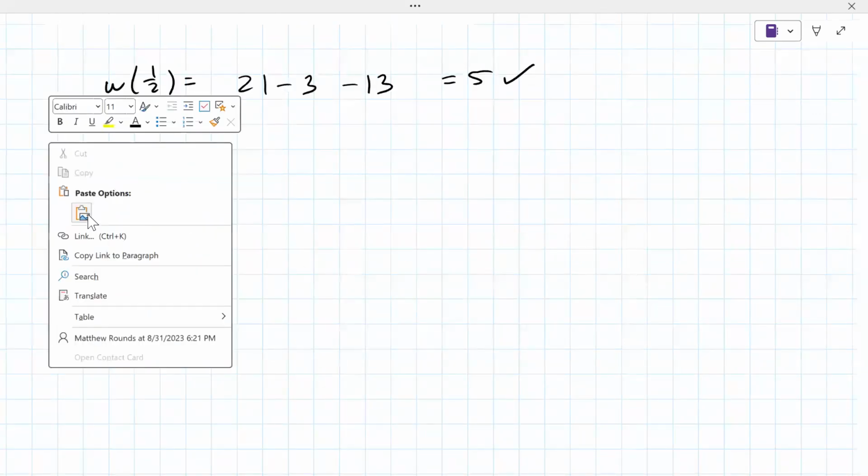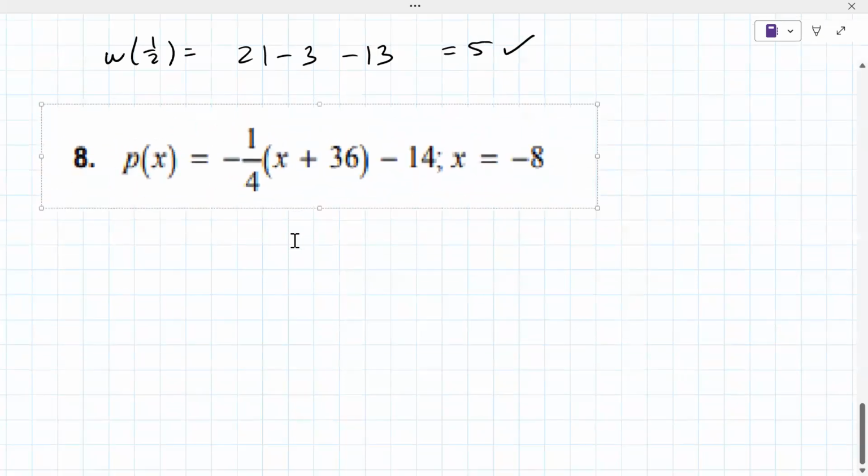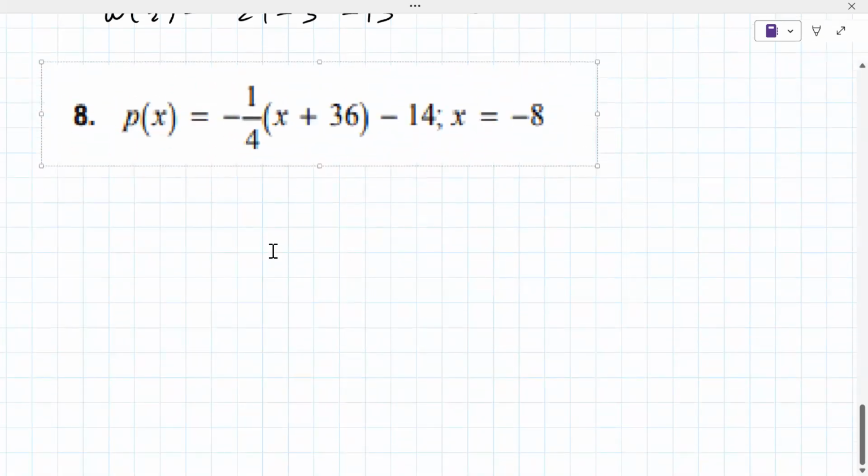8, -8. 1/4 times -8 plus 36 minus 14. P of -8 is -2 plus 9 minus 14.